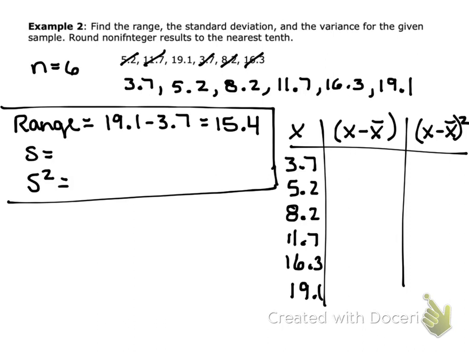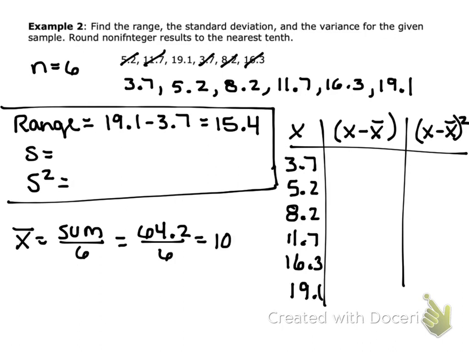Now, in order to calculate my second column, I'm going to have to do my data minus my mean, which means I have to know my mean. So I'm going to take the sum and divide by 6. My sum is 64.2. When I divide that by 6, I get a mean of 10.7.